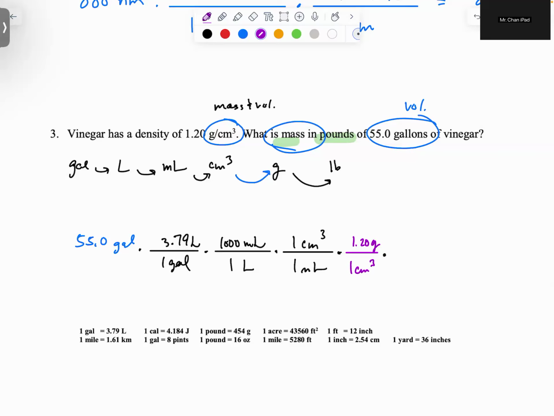But now we're changing the topic to mass. And then we want to change to pounds, right? So 454 grams is 1 pound. So that's how we convert.